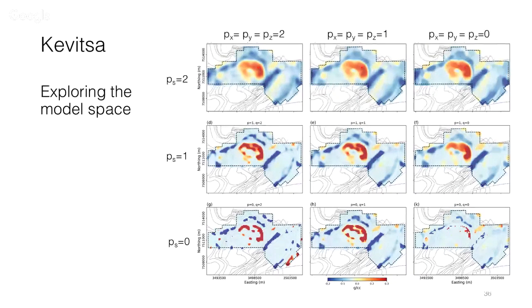Remember, at 2, everything is smooth. The model is also going to be close to a reference model, which in this case is kind of the 0 model. And you get something like that.